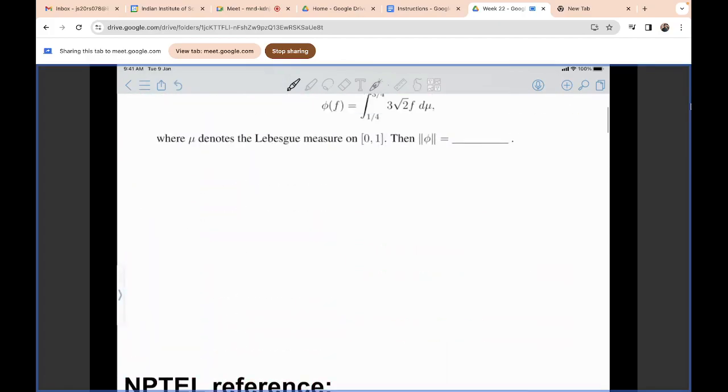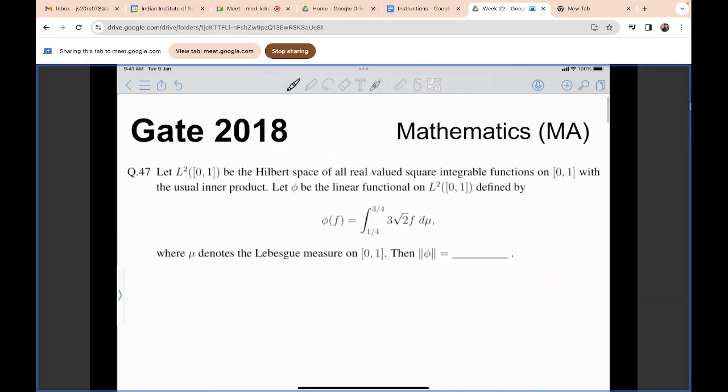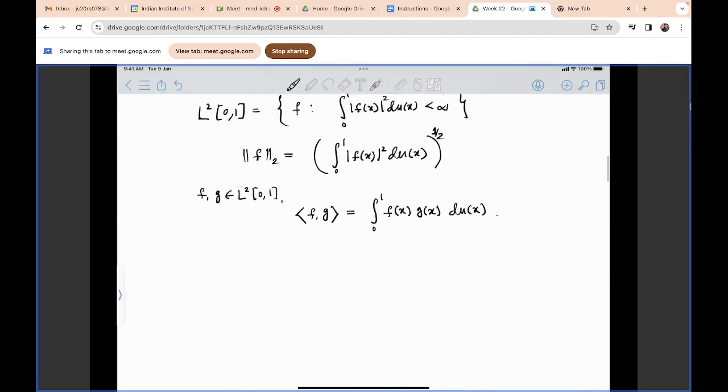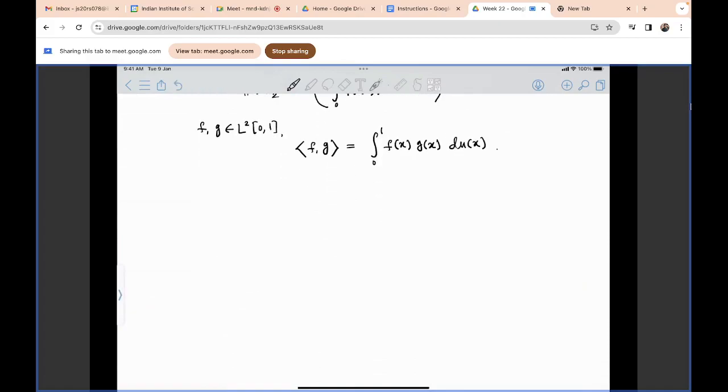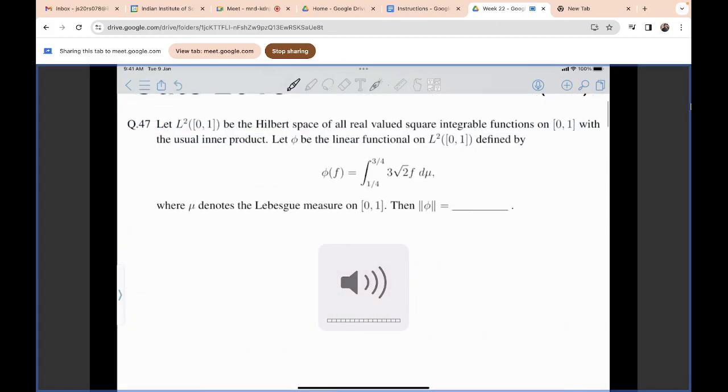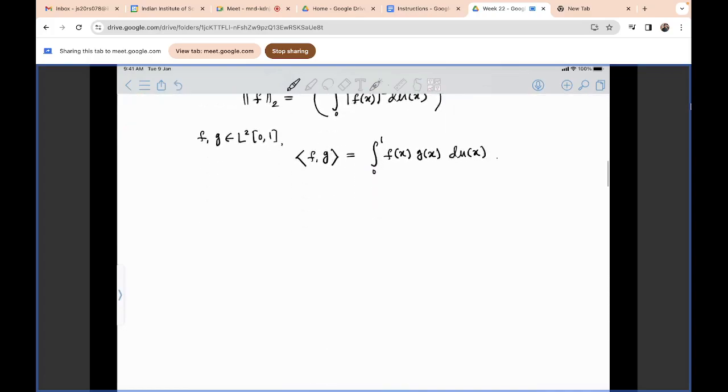Okay. Now here phi is a linear functional that is given. So for that, we have to find the norm of this phi. For that we will use the Riesz representation theorem.